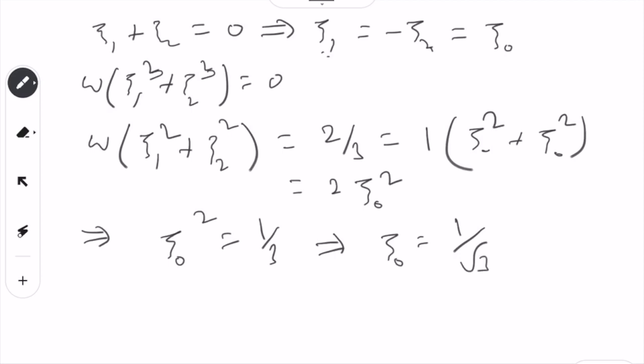This tells you that W1 equal to W2 equal to 1, and ξ1, ξ2 are equal to plus minus 1 over root 3.